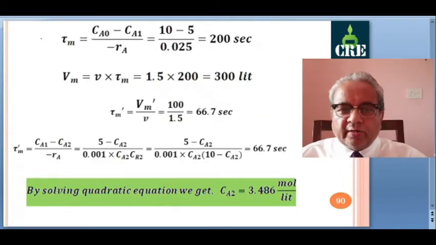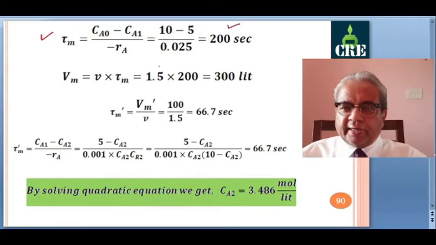So tau for mixed flow reactors, tau m, if you consider 1, so Ca0 is 10, Ca1 is 5, 10 minus 5, and this is the maximum rate which we have calculated for Ca is equal to Cr. So tau m is 200 seconds. Vm, this volume, so v is 1.5 getting into mixed flow reactor, single mixed flow reactor.